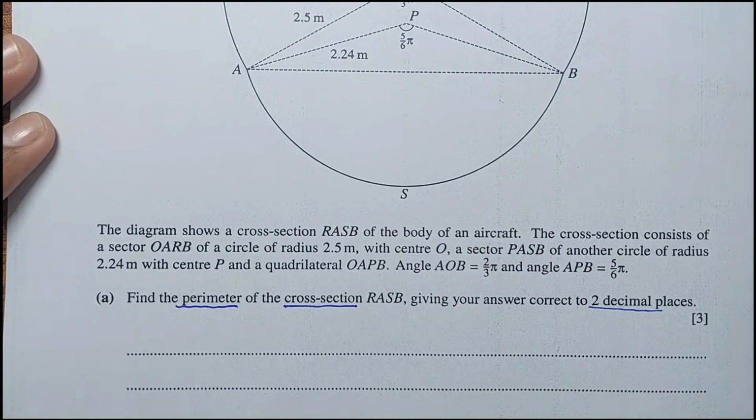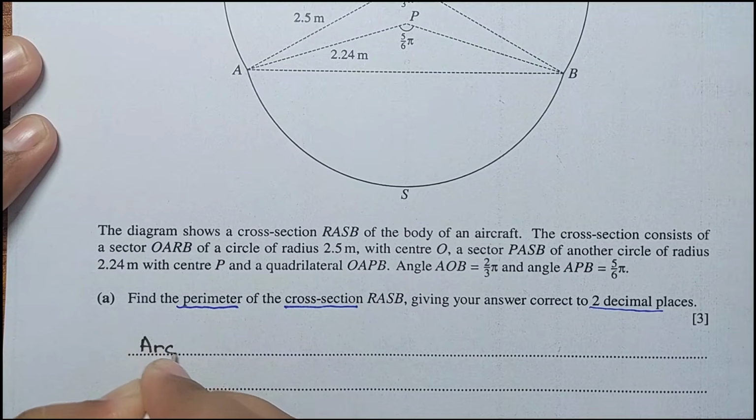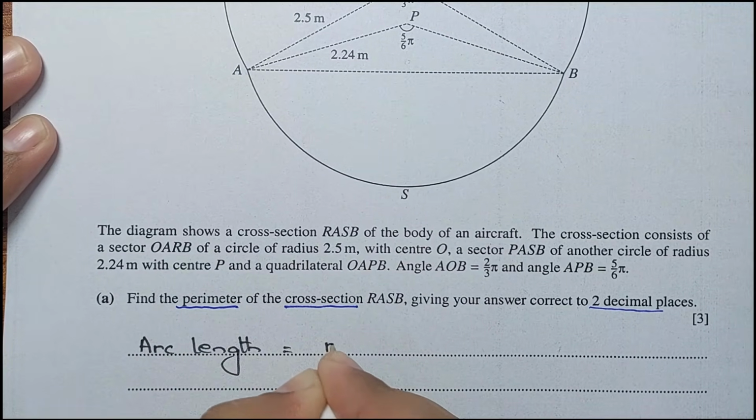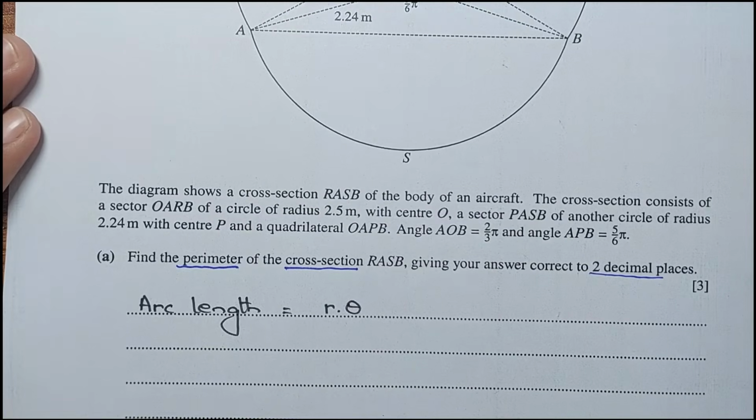We know that the formula for the arc length is radius times theta, because theta is given in radians, in pi, right?